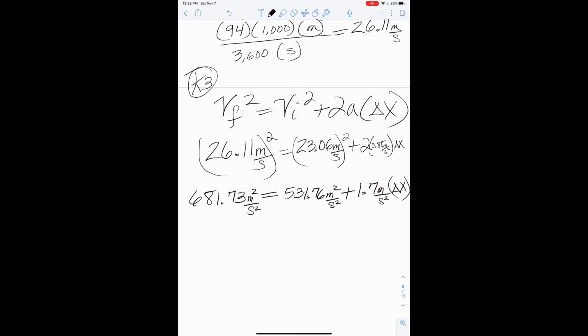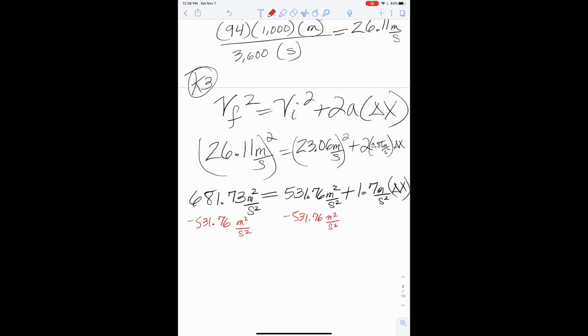All right, we'll subtract this 531.76 meters squared per second squared from both sides. Notice that the units have to be the same in order to make this subtraction happen. Otherwise, you can't do it. So that's kind of interesting to see.